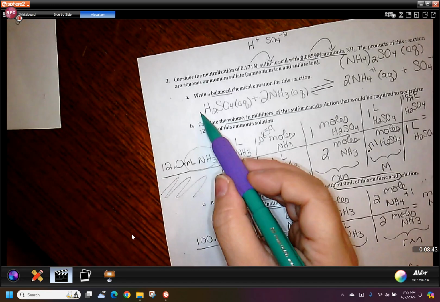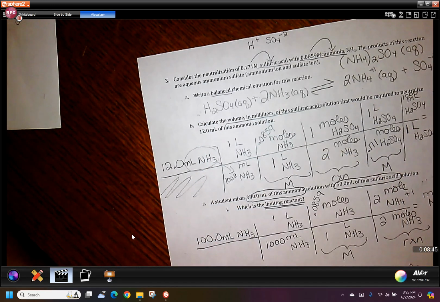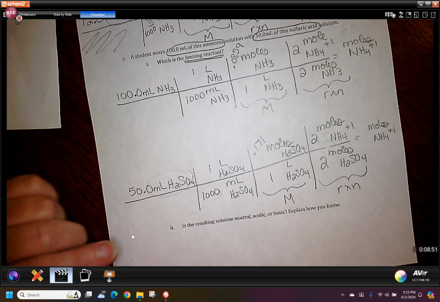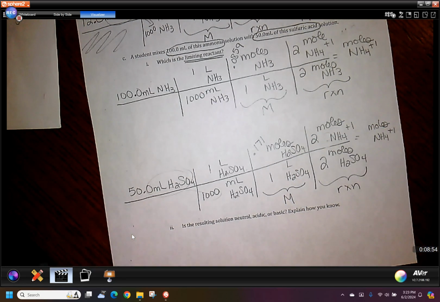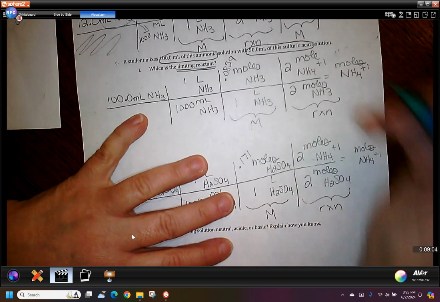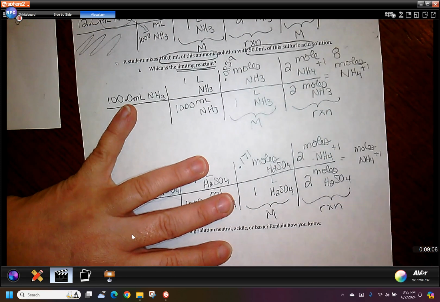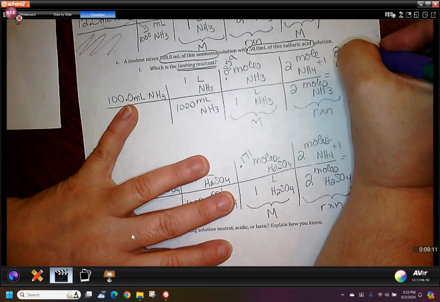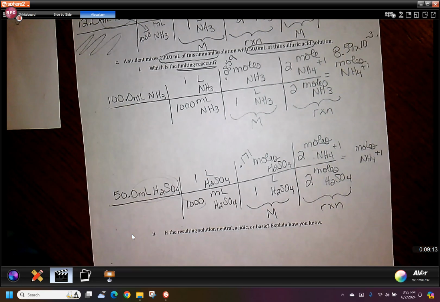So sulfuric acid is a 1, and ammonium is a 2. Okay, let me check with my calculator here. Oops, I think this is 8.59 times 10 to the third. I'm going to check that again in a second.